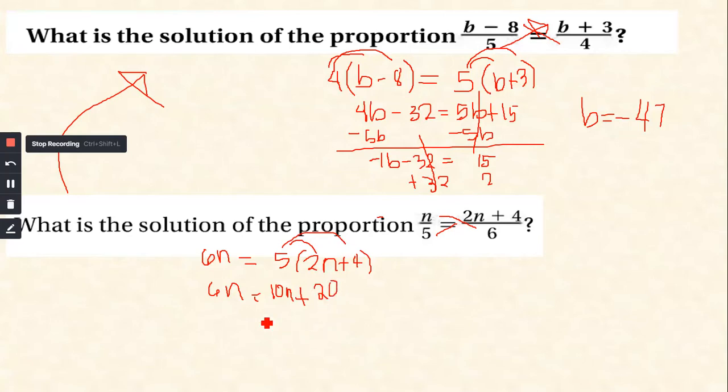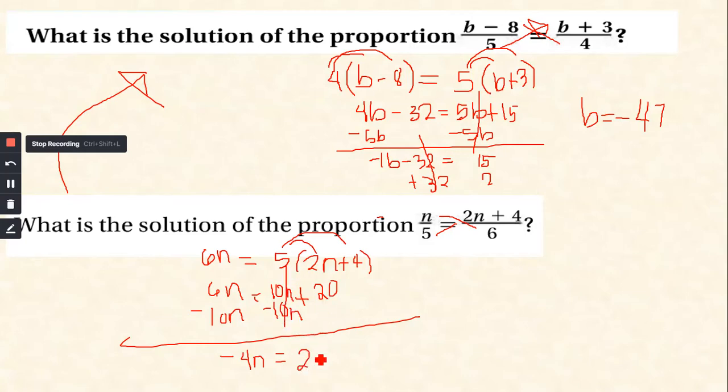Combining similar terms, we're going to move 10n to the other side of the equation, so we need to get the opposite, and that is negative 10n. So 6 plus negative 10n, that is equal to negative 4n, is equal to 10 plus negative 10, that will be 0. So bring down 20.